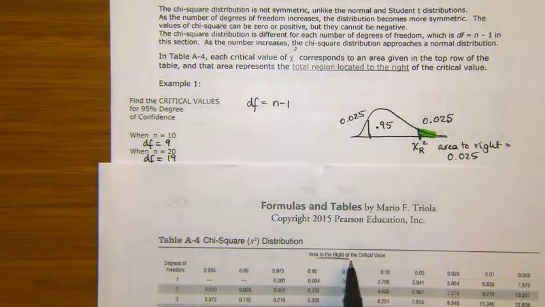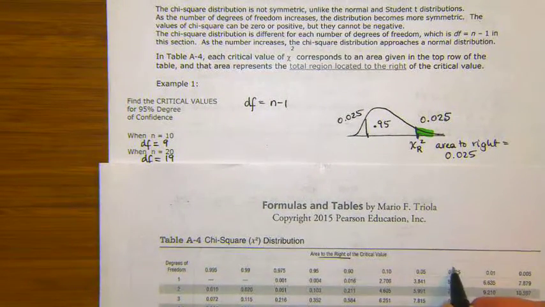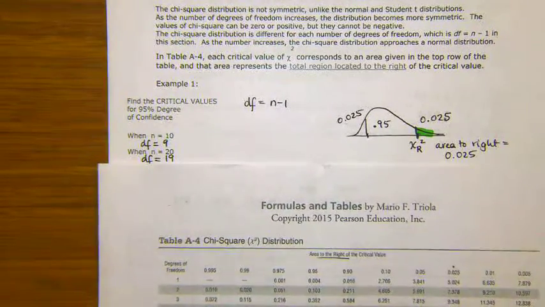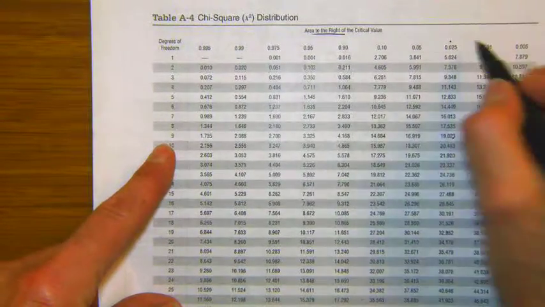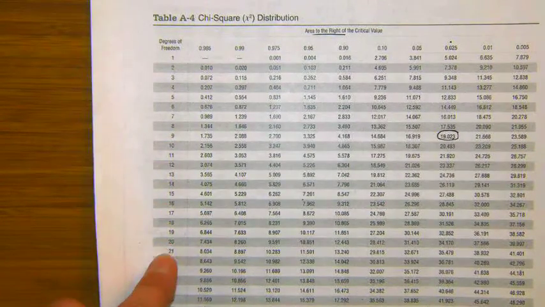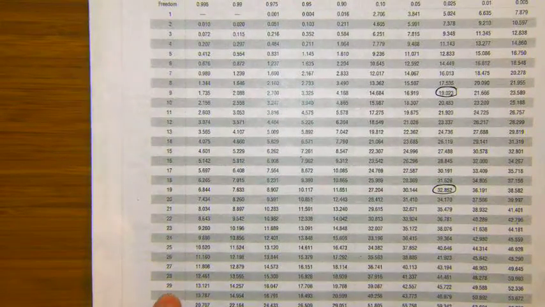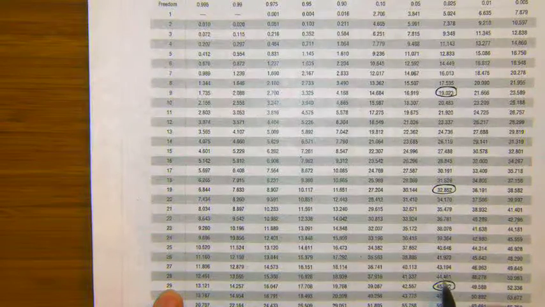So it says area to the right and 0.025. That is right here, this column. And we now go to 9 degrees of freedom, and that number is 19.023. Okay, then we go down to 19, which is 32.852, and then the last one at 29 is 45.722.